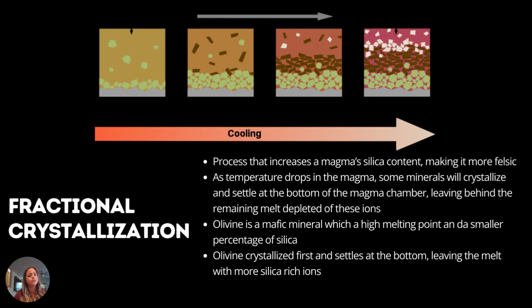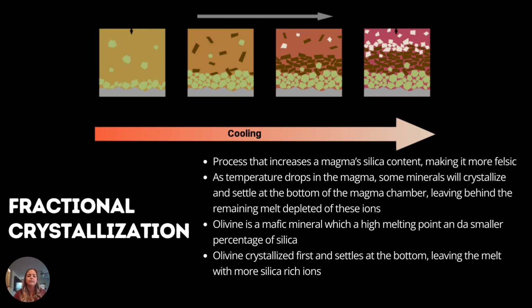Okay, with fractional crystallization, this has to do with the magma and the way the crystals are crystallizing out of that magma. So in general, we see an increase in silica content from time 0 to full crystallization. And so olivine is a mafic mineral. We already talked about that.